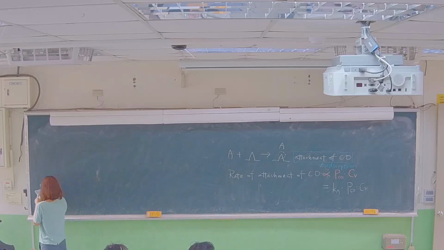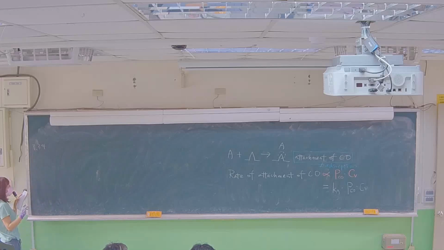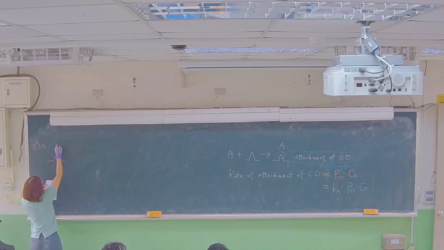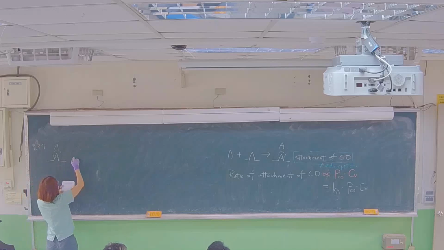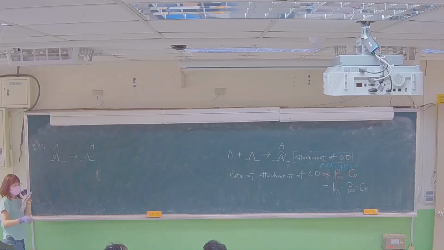Next, slide 34, we talk about detachment of CO. Originally there is A occupied on the active site. It could detach without reaction.